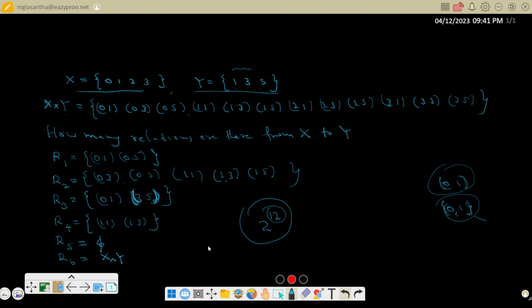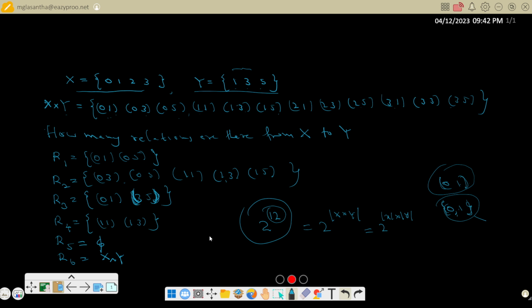Yes, sir, because 3 into 4 is 12. Yes. Or you can count the elements of this: 1, 2, 3, 4, 5, 6, 7, 8, 9, 10, 11, 12. That is 2 to the cardinality of X cross Y. The cardinality of X cross Y equals the cardinality of X into the cardinality of Y. That is how you get the total number of relations.